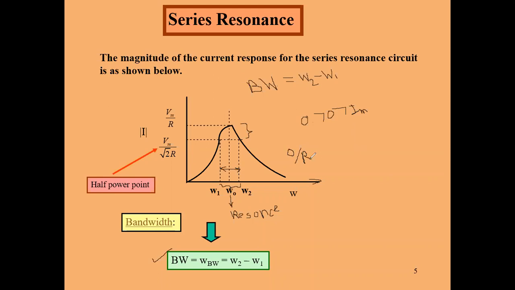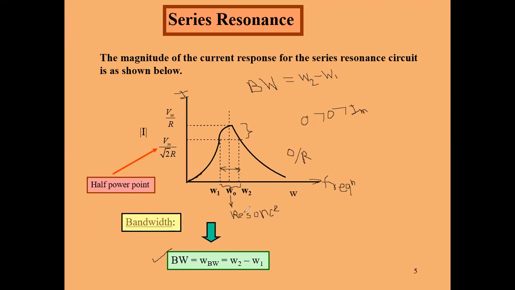That is the output response of this resonance circuit, in terms of current versus frequency. The x-axis is frequency and the y-axis is current. When we start to increase the frequency, the current starts increasing.